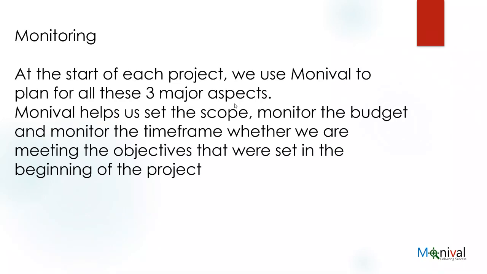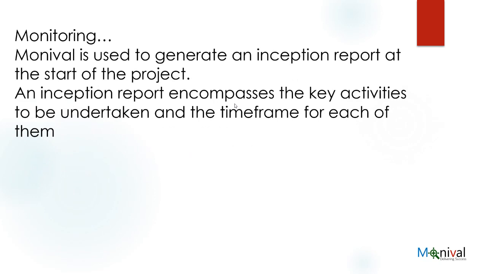So it helps us set a scope, it helps us set a budget, and it also helps us set a time frame for all the key features that will be implemented. So during this initial step, we come up with an inception report that details all the three aspects that I've just talked about.